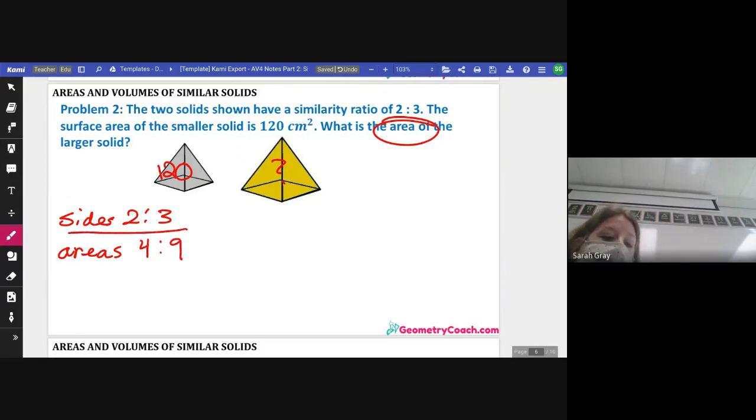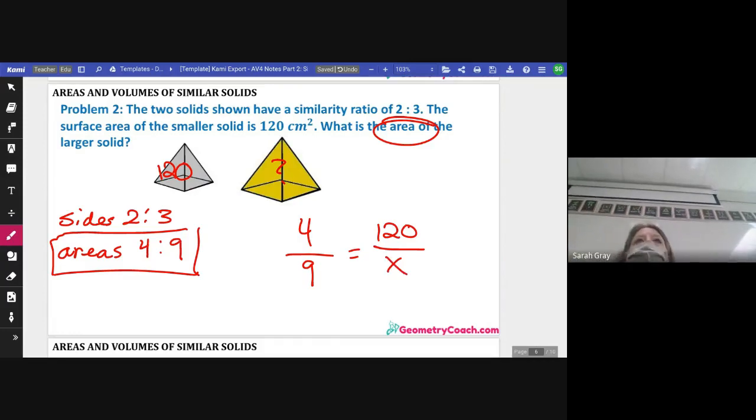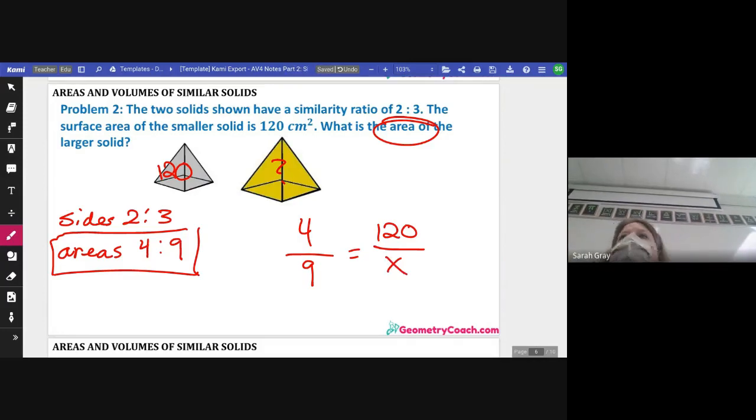Once you have the ratio that you need, we can set up a proportion so that we can cross multiply. The 120 goes with the 4 because the 120 is with the smaller shape, and the 4 goes with the smaller shape. Somebody help me out. What's 120 times 9?